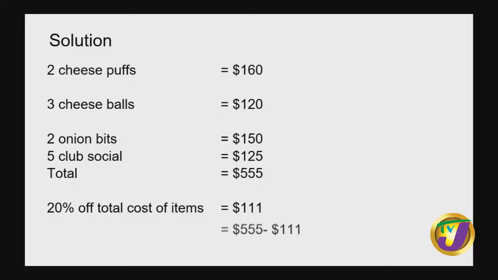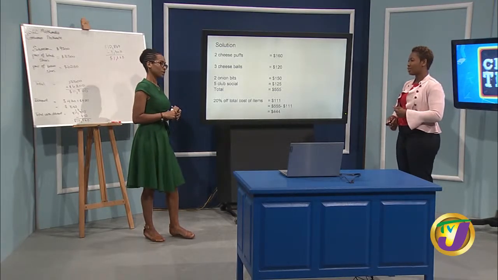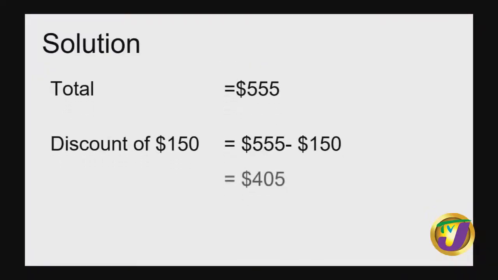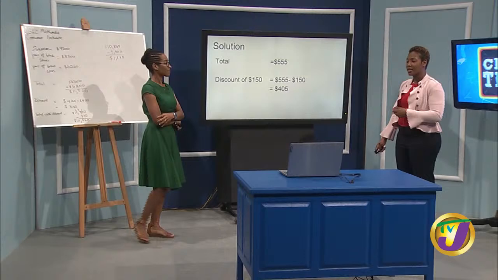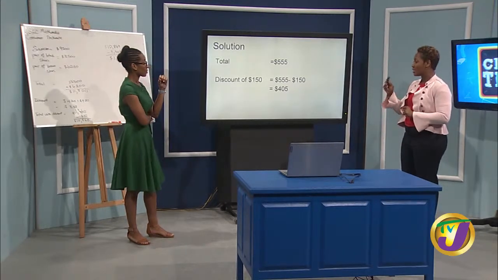Although we can do the calculation, she would be paying $444. But we now realize that the $150 is much more, so she will end up paying $405. So it's important when we go out there as consumers to pay attention to the discounts and the things being offered to us. With consumer arithmetic, we can definitely work out these things and make the best decisions.